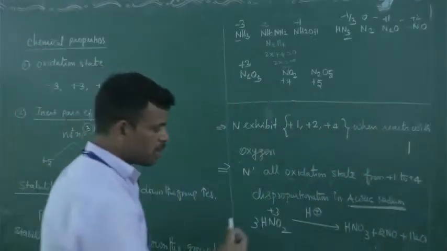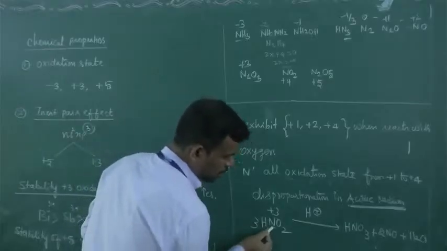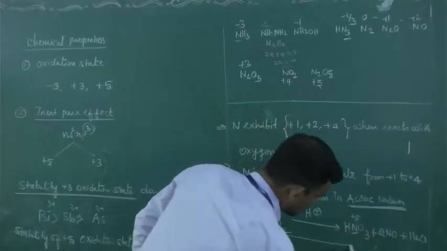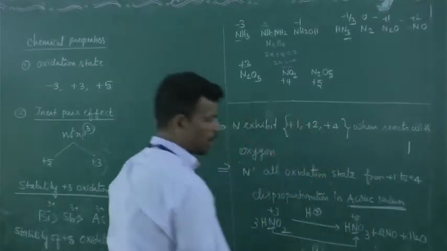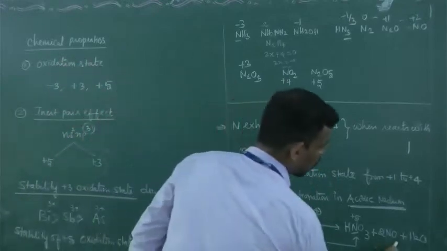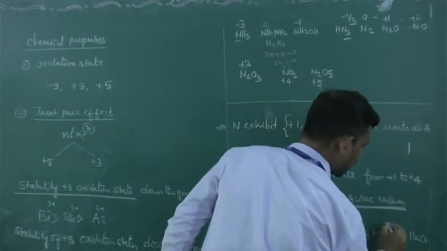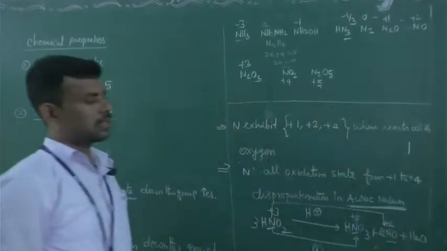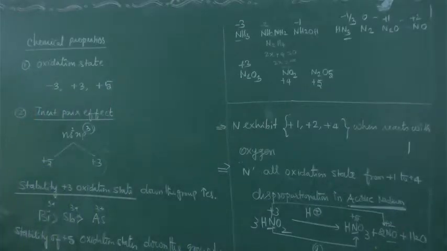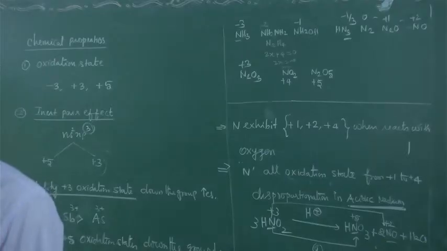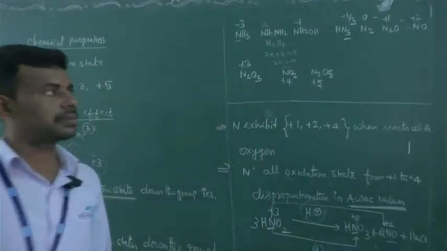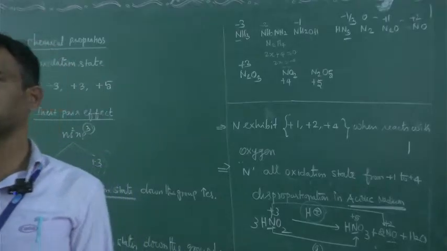In HNO2 the oxidation state of nitrogen is +3; in HNO3 it is +5, so it is oxidized. In NO the oxidation state is +2, so it is reduced. Please note this. +3 goes to +5, oxidized, and +2, reduced, in acidic medium.